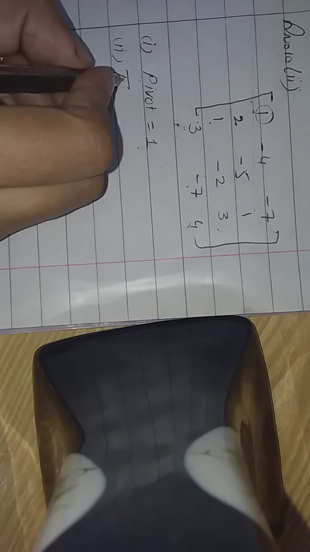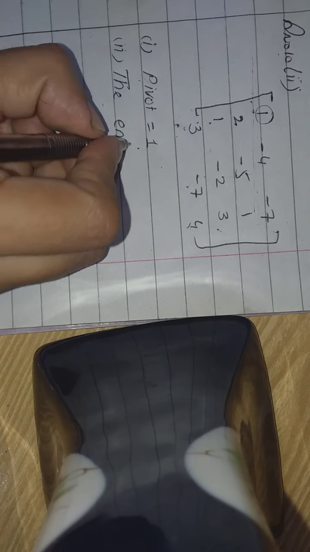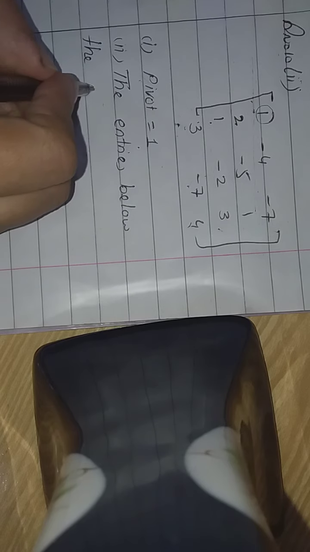And then, what is the second condition? The second condition is that the entries below the pivot should be equal to 0.